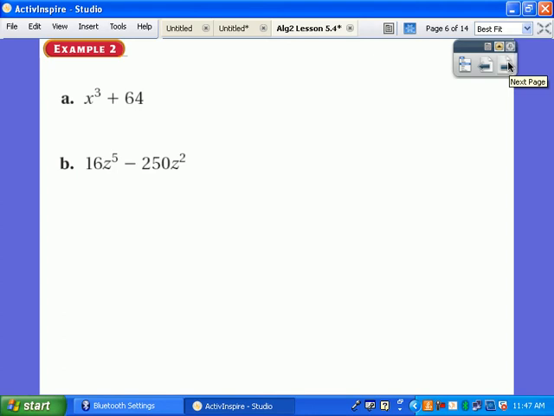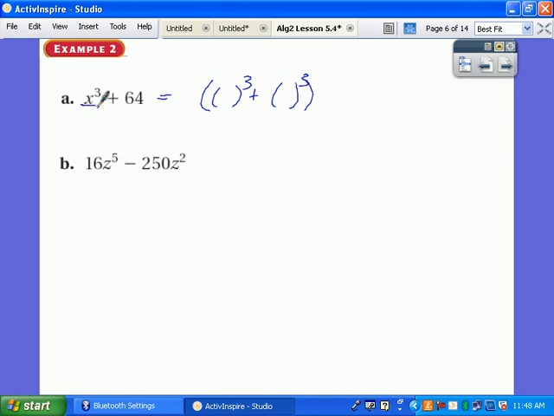Okay, so here we go. Here are two problems that utilize this idea. So, I need to write this as some number cubed plus some other number cubed. For us to use this formula, I need to rewrite this as some number cubed plus some other number cubed.